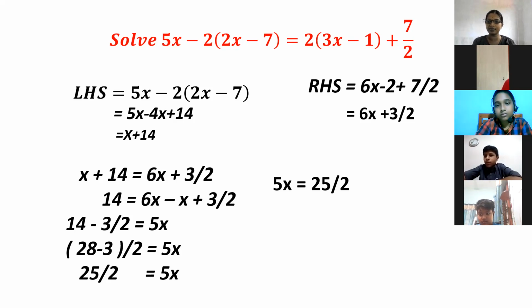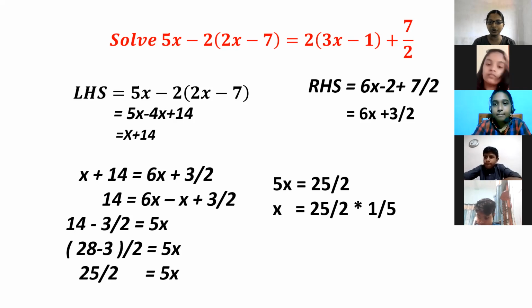It moves to RHS. 25 by 2 is already in our RHS, and we are also moving this multiplied 5 to our RHS. Then what happened? It became division, is it? That is, x is equal to 25 by 2 divided by 5.